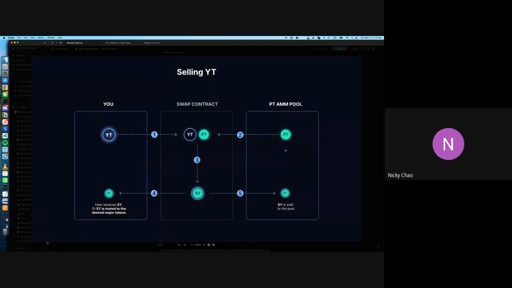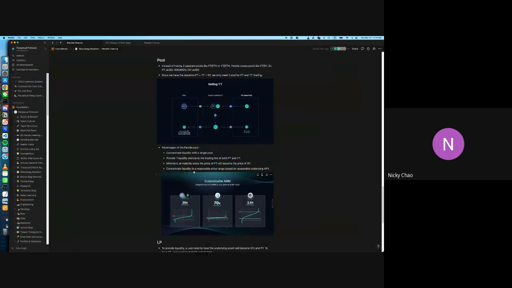So actually you can somehow know that these two assets will have a very close price if you hold the liquidity position until after the maturity. That means your IL is actually controlled, it's actually minimized.